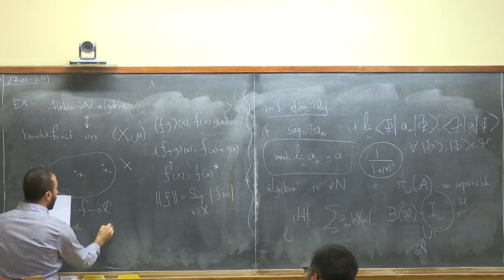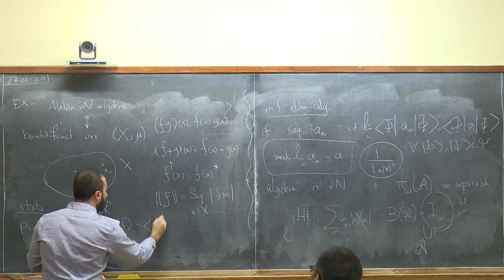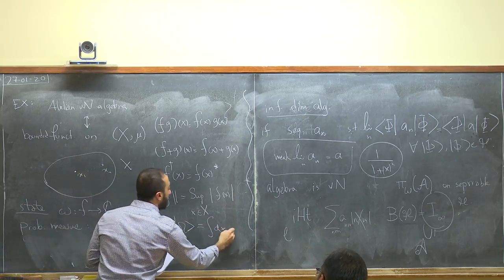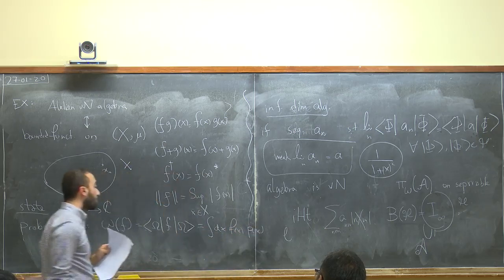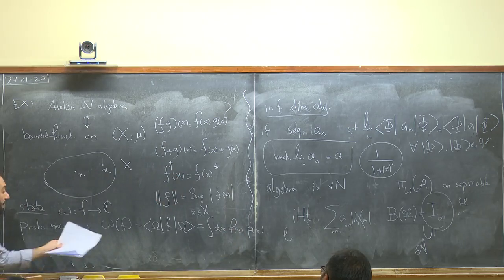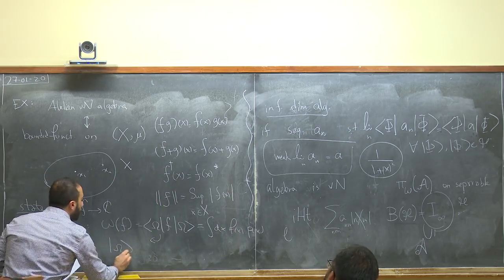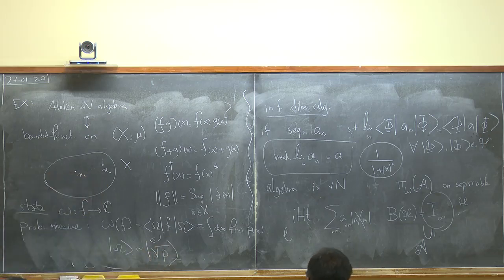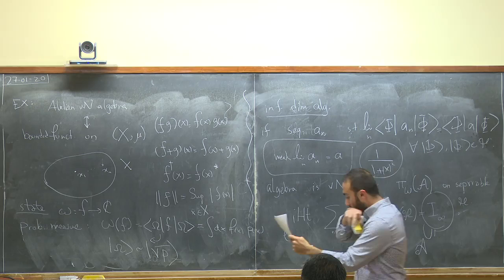So omega of f is going to be something like the integral dx p(x) f(x). For this reason, it makes sense to identify omega with the square root of p, where p(x) is pointwise positive. Correct, it's a probability measure.